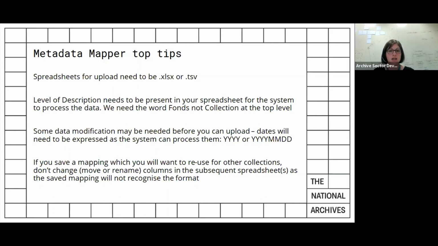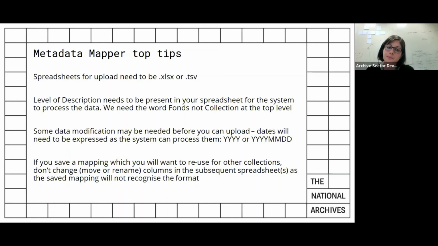Obviously, you might need to change the level of description fields, as if you use collection, fonds is needed. I also find that the thing that most needs amending can be how the dates are expressed. I know that some systems export literally the day, then 3 letters for the month, and then the year. So there can need to be a bit of data cleanup before upload to Discovery.